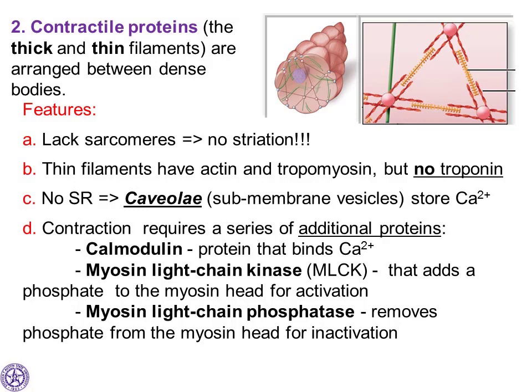Go take this key, the phosphate, stick it into myosin, turn it on. That's your job. And when the calcium goes away and calmodulin stops telling the myosin light chain kinase to turn on myosin, that's the signal for myosin light chain phosphatase to go take the key out, the phosphate, and turn myosin off. That's part of our contraction, adding the phosphate, turning it on, and then relaxation, removing the phosphate and turning it off.